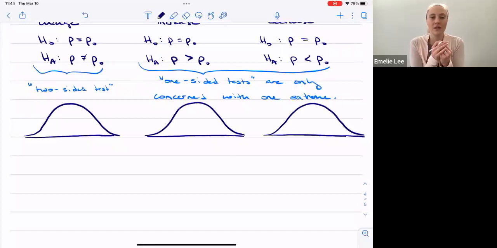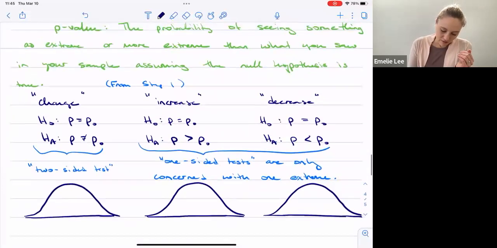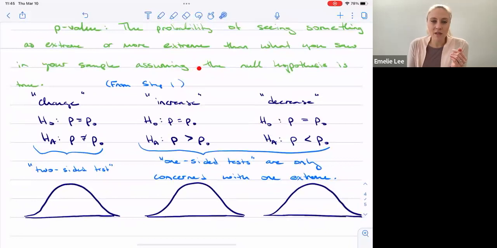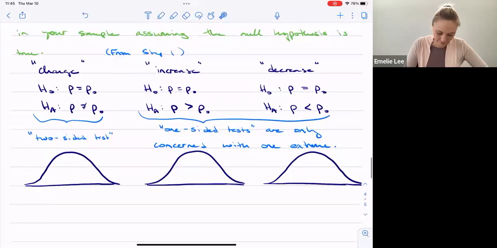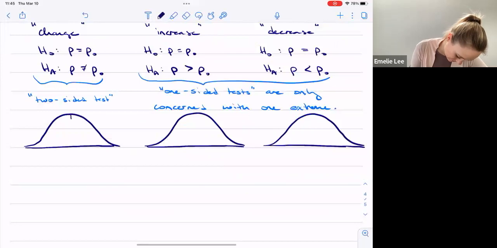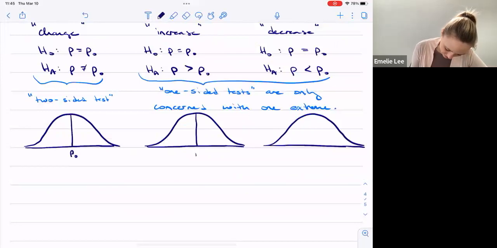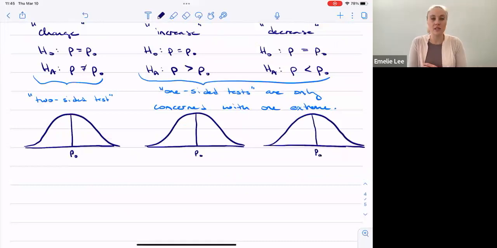Assuming the null hypothesis is true means that the center is going to be at P0. So the center in each of these is at P0 because the null hypothesis is always the same. It's the alternative that I'm looking at.